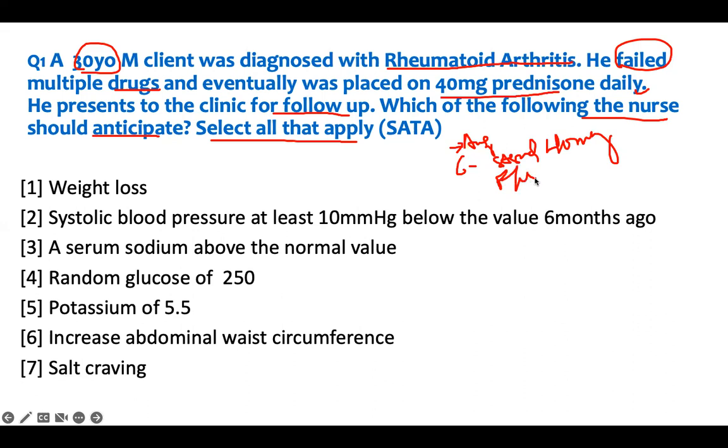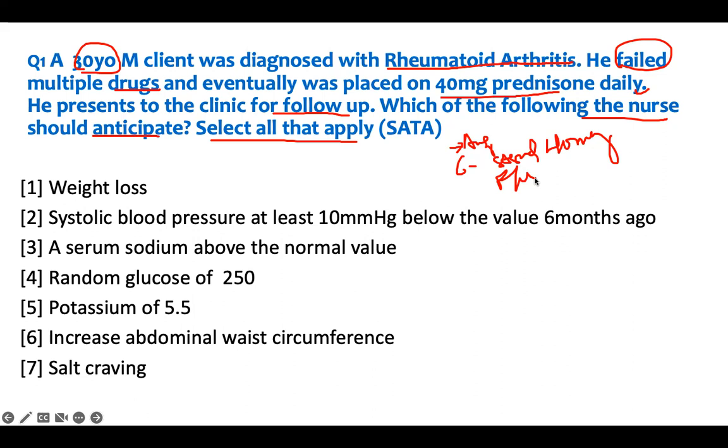When you see this pharmacology question, whenever they give you a drug, look for side effect, unexpected finding for that medication. And if they ask you for a priority question, yeah, you look for the one that is going to be dangerous. So if somebody is taking steroid for 40 milligram for a couple of months, I should worry about it, right?